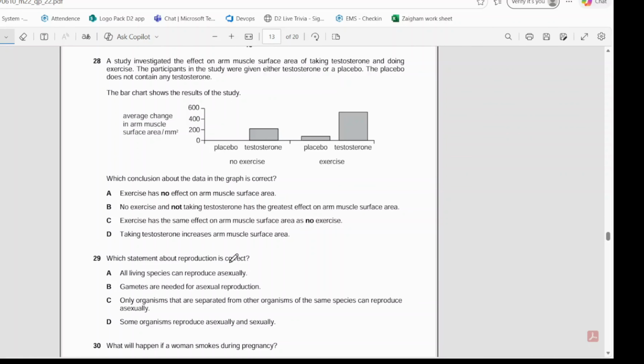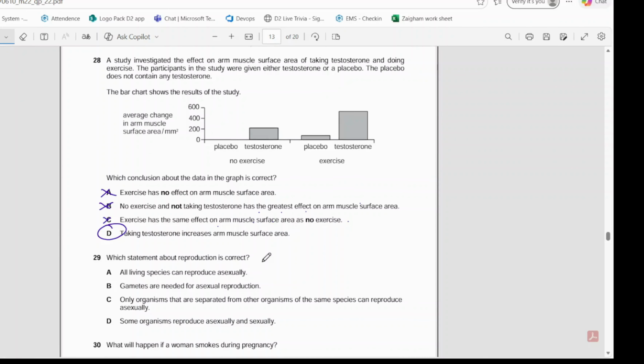So, what conclusion about the data in the graph is correct about the average change in arm muscle surface area? Would it help them to build their muscles or not? What could be the correct statement according to the given data? Exactly. So yes, it has an effect. No exercise and not taking has the greater effect. No, exercise has the same effect as no exercise. No, so the only correct answer is D.